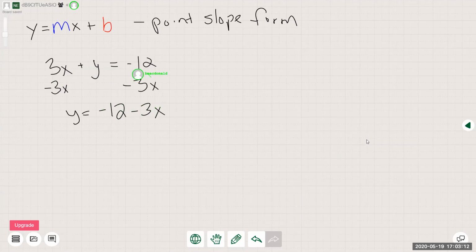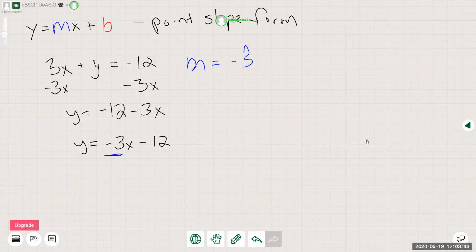And we probably want to rearrange that just so that it is in the right form for easier identification of the slope and the y-intercept. So y equals negative 3x minus 12, because this is a negative 12. So we're going to leave it there at that, because we don't need to do any more. Now we can easily identify our slope, and our slope is negative 3.